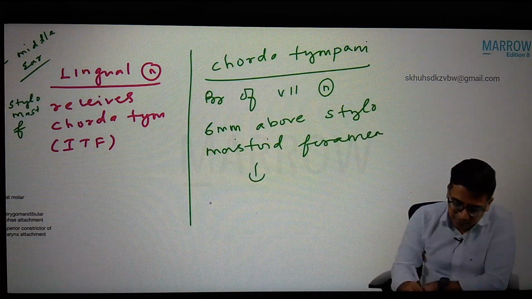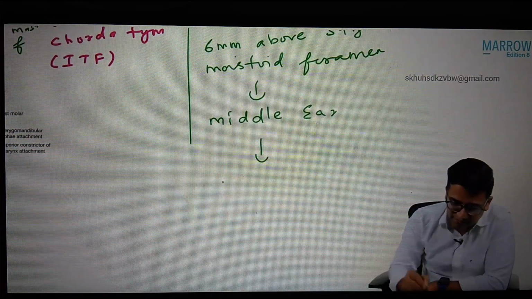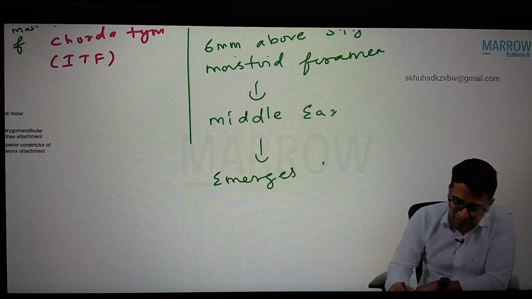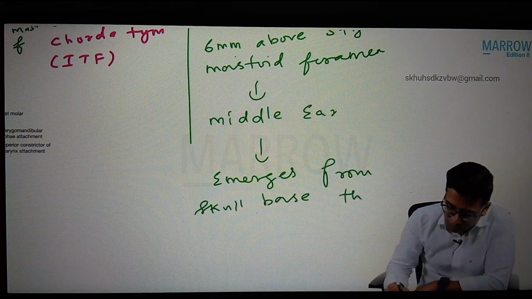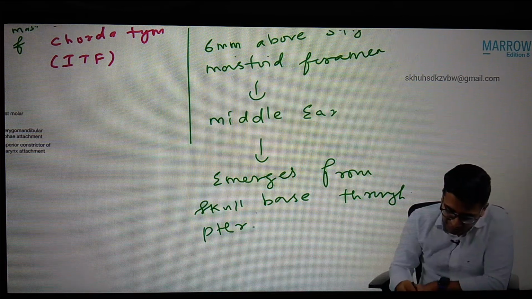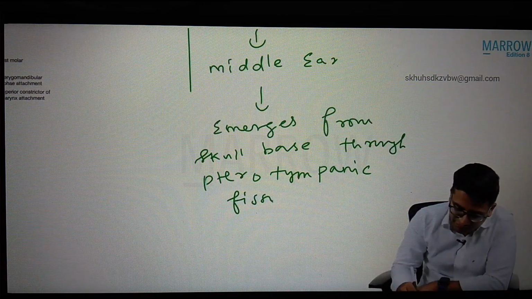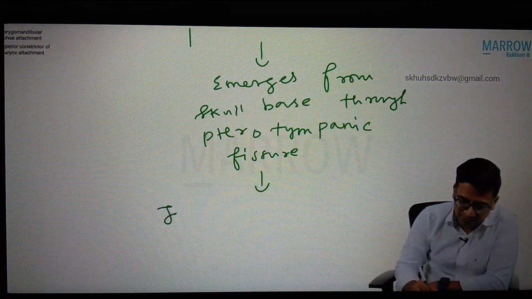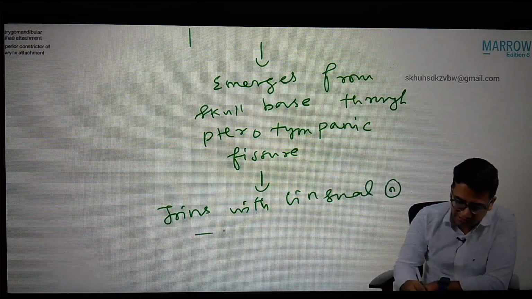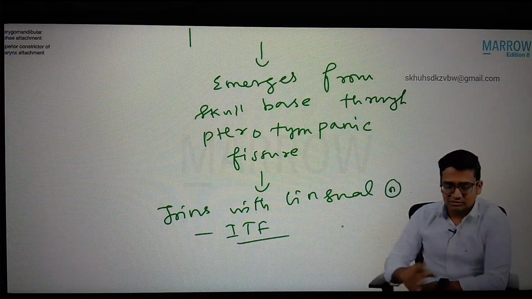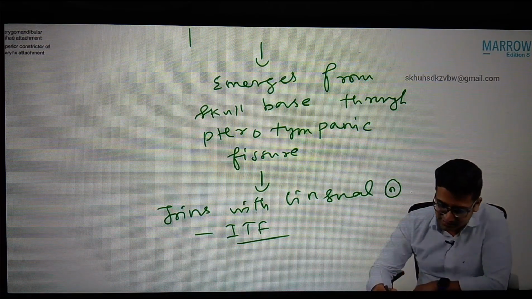After that, the nerve has a course in the middle ear, and then the nerve emerges from the skull base through petrotympanic fissure. And finally, it joins with lingual nerve in the infratemporal fossa. This is the course of the chorda tympani nerve. Okay, right.